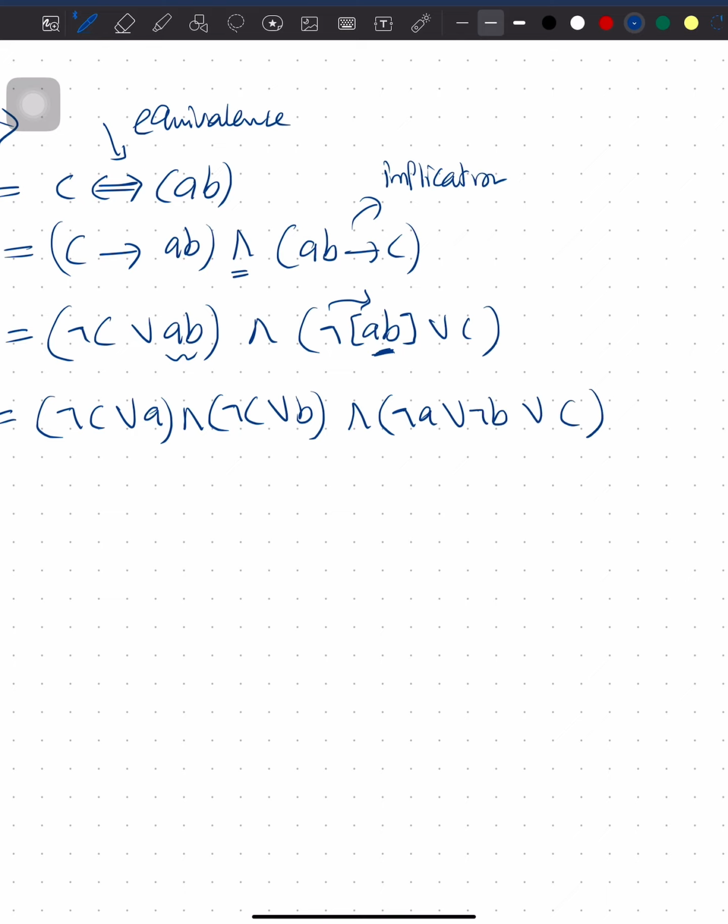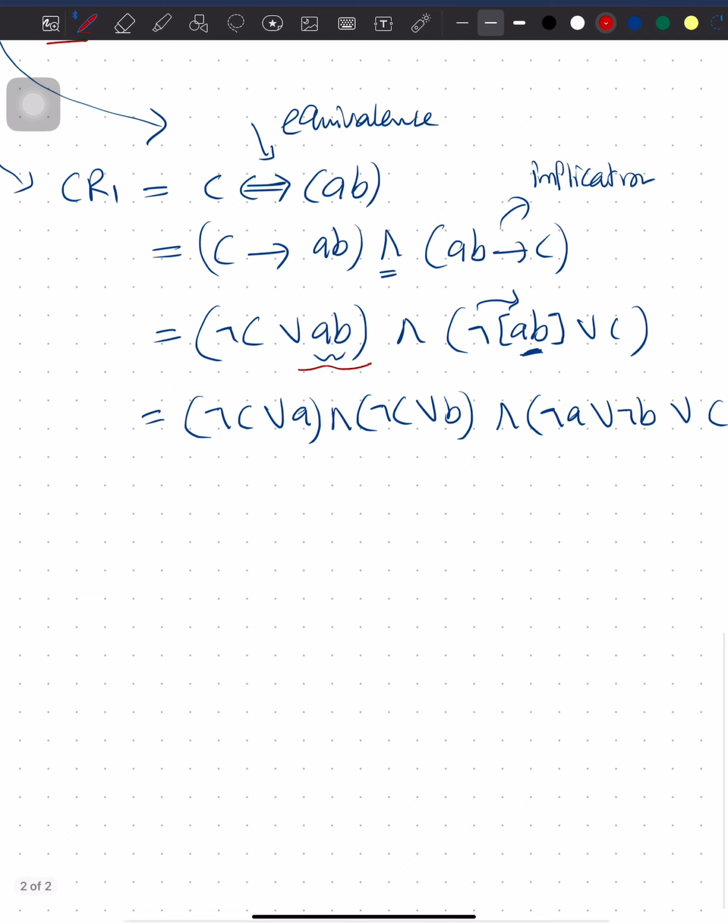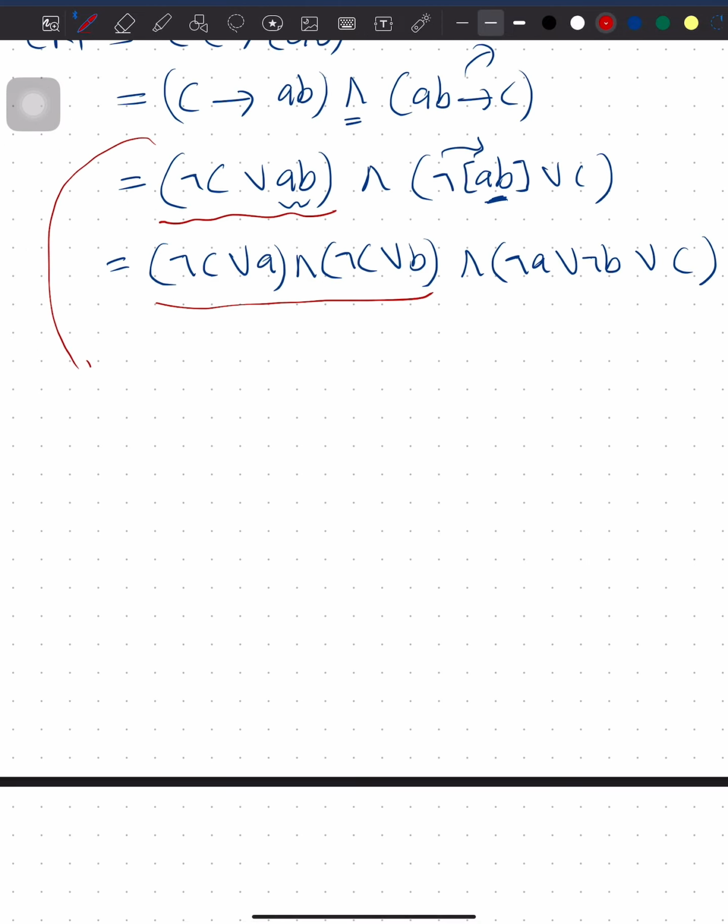Now someone might ask, how come we were able to break this into this? Doesn't make any sense. Well, just think about the meaning here. What are we doing? Here I'm saying this clause will be true if I have not C or I have AB together. What did I do here? I said if I don't have C or A, and at the same time I don't have C or B. It's basically the same thing.